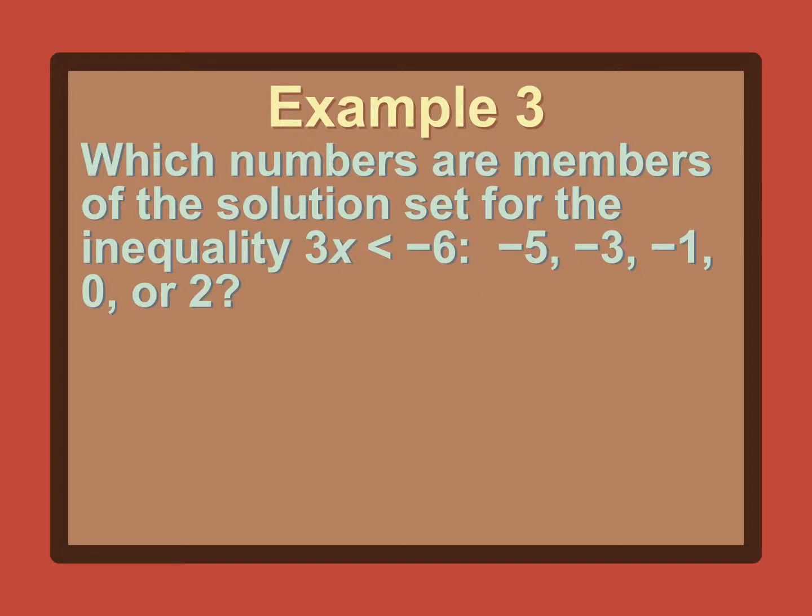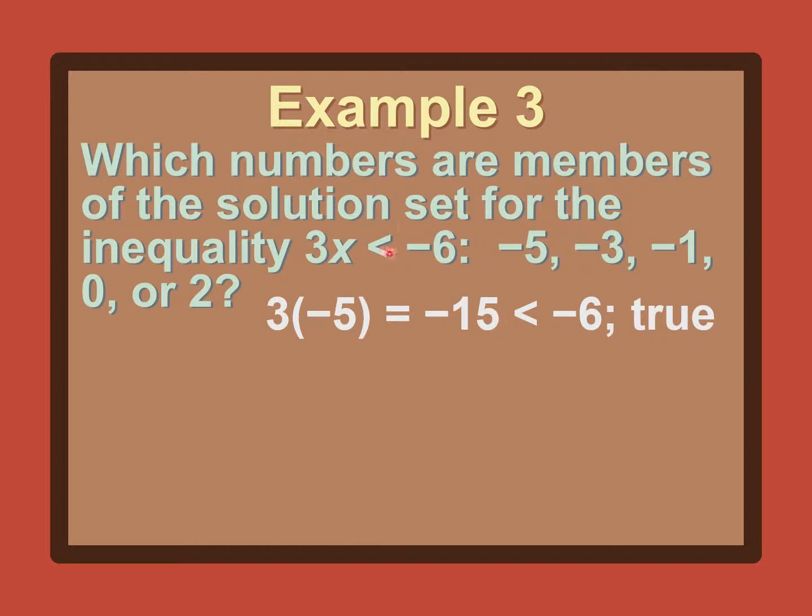So which numbers are members of the solution set for the inequality 3x is less than negative 6? So what you want to do is test each of those numbers and see if they make our inequality true or false. So if we were to plug in negative 5, we would have 3 times negative 5, which is negative 15.